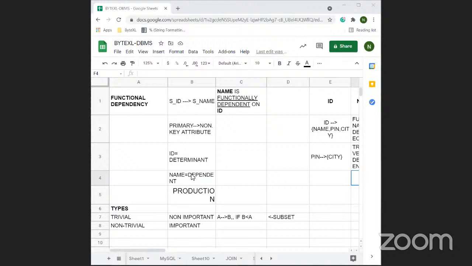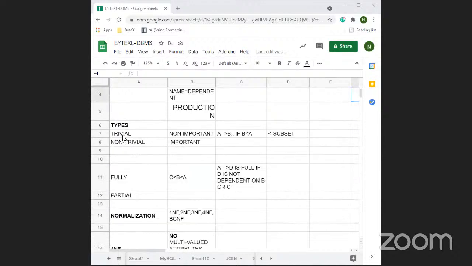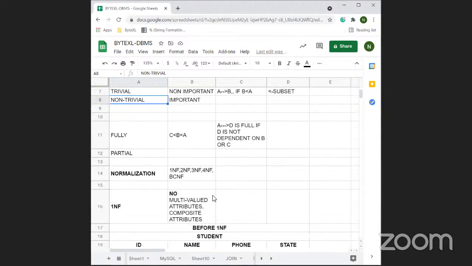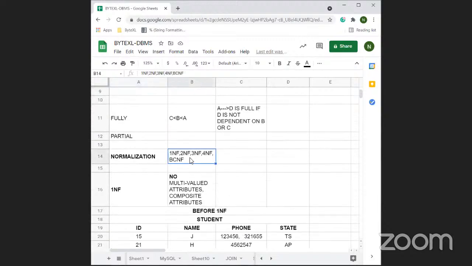Also, the other meaning of primary and non-primary is we also have trivial, non-trivial. The English meaning of trivial is unimportant, non-trivial is important. These are basic concepts of normalization. And we have many types of normalization: 1, 2, 3, 4, BCNF, and of course again 5th normalized form, 6th normalized form as well.